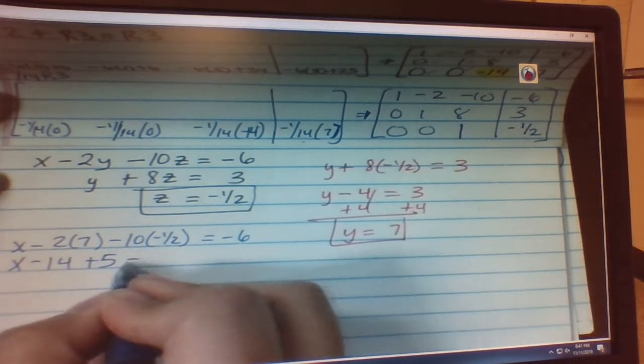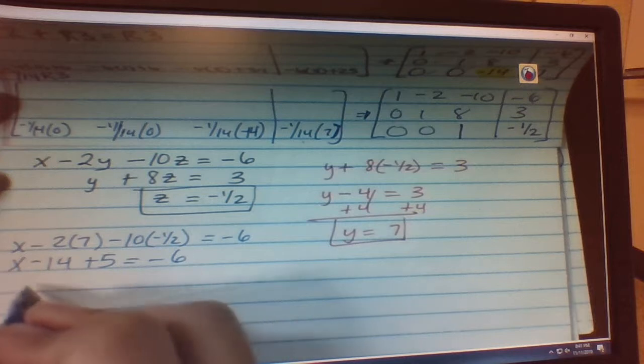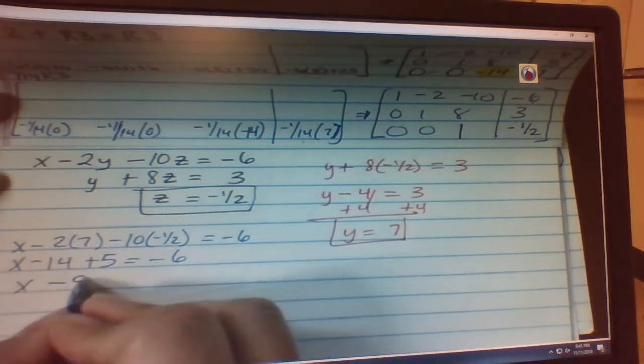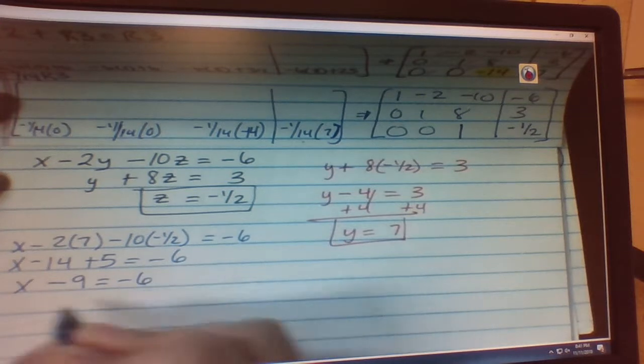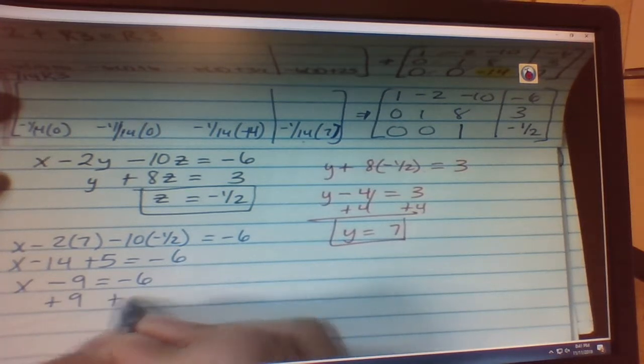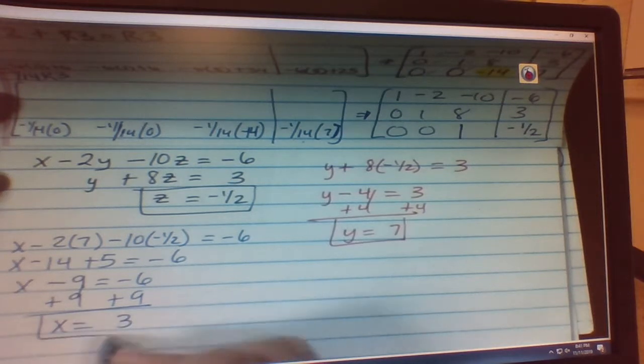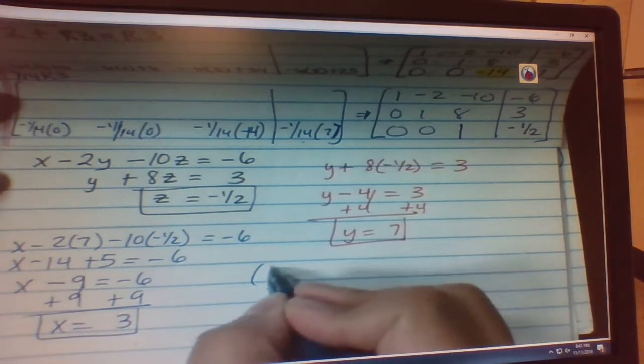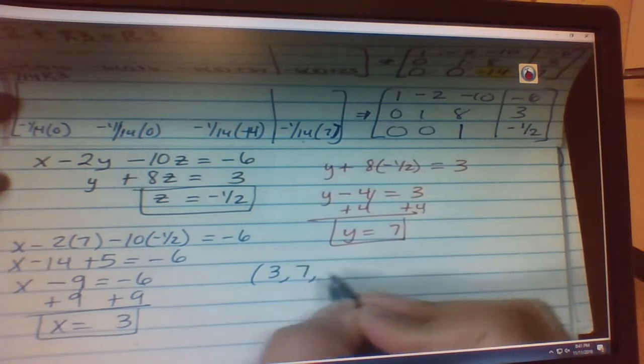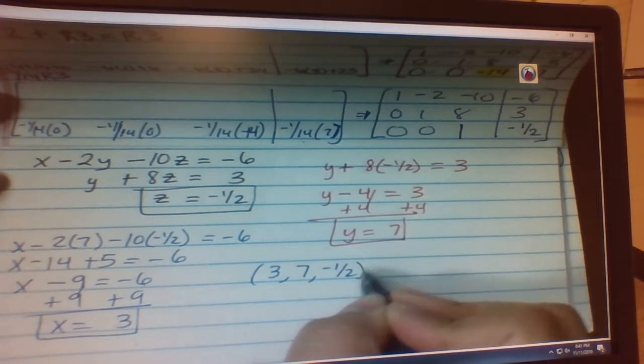Plus 5 equals a negative 6. This becomes a negative 9. And then we add 9, and find out that x is 3. So my answer here is 3, 7, negative 1/2.